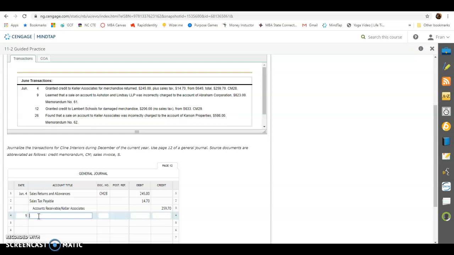The sale on account to Ashton was incorrectly charged to the account of Abraham Corporation. So if we debited Abraham Corporation, which would be an accounts receivable, we've got to do the exact opposite, which would mean to credit them.